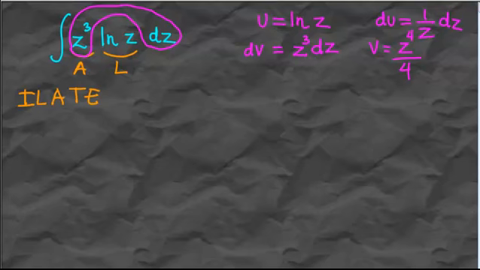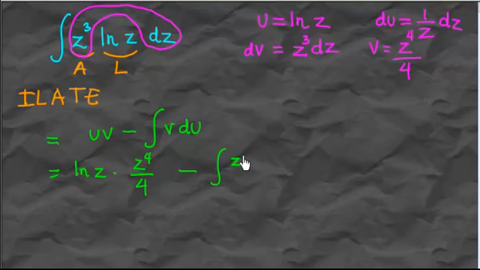Okay, now we are ready to use the formula: uv minus the integral of v du. u is natural log of z, v is z to the 4th divided by 4, minus the integral of z to the 4th over 4 times du, which is 1 over z dz.